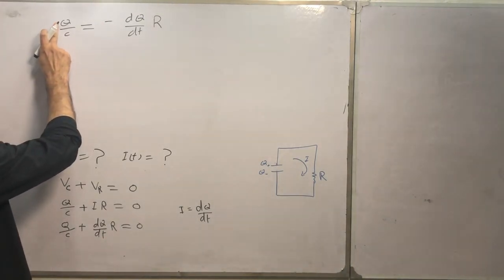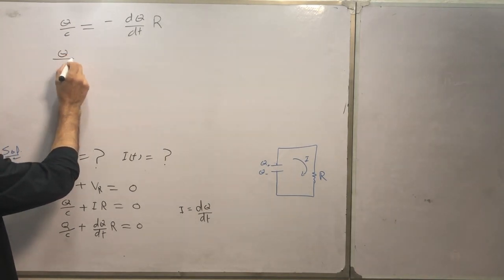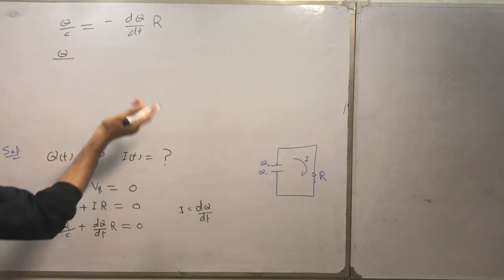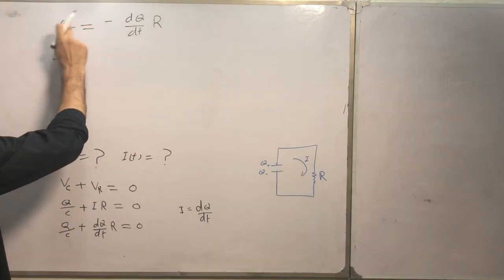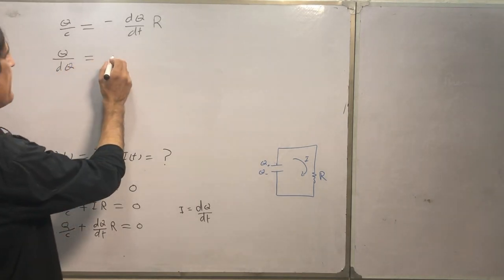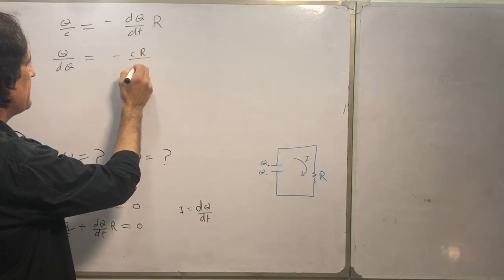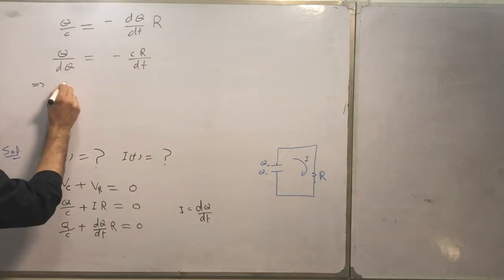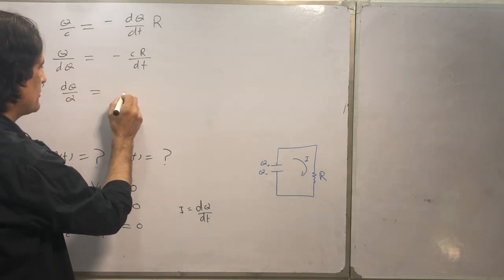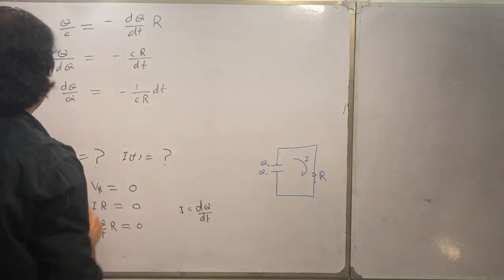We need to find q, so q will be on one side and the other terms on the right hand side. dq divided by q is equal to minus 1 over cr dt.